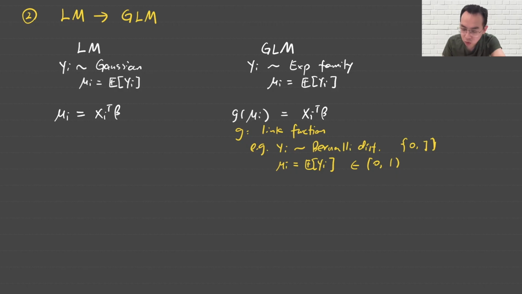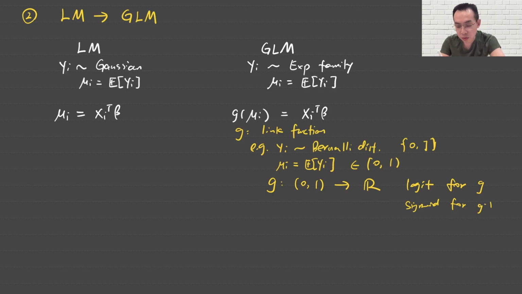But on the right-hand side, xi transpose beta belongs to the entire real space. So our function g needs to map the value between 0 and 1 onto real space. A common choice for that is the logit function. So g is the logit, and g inverse is the sigmoid. That's a common choice we use to model the Bernoulli distribution.